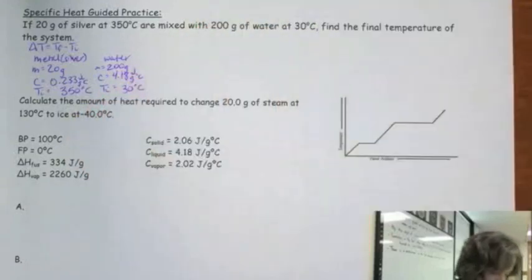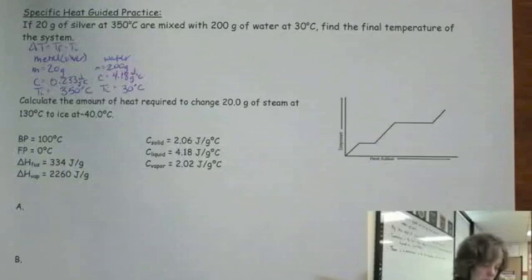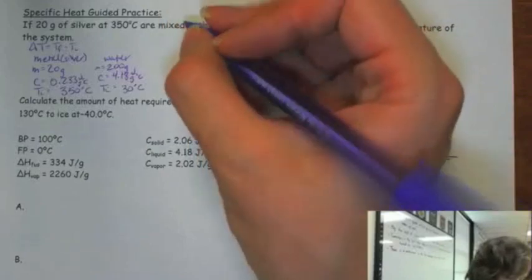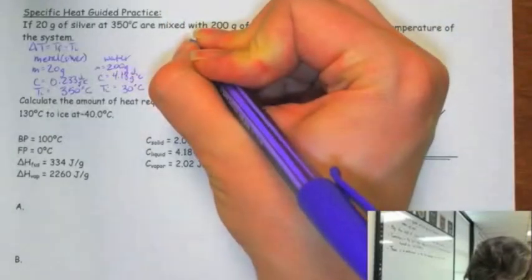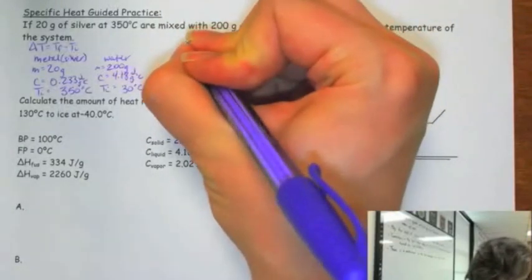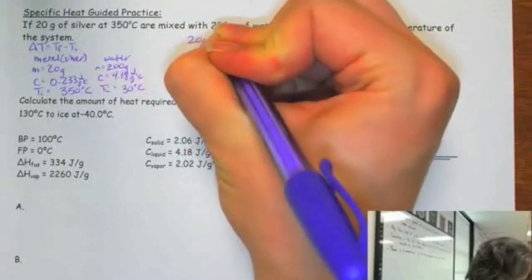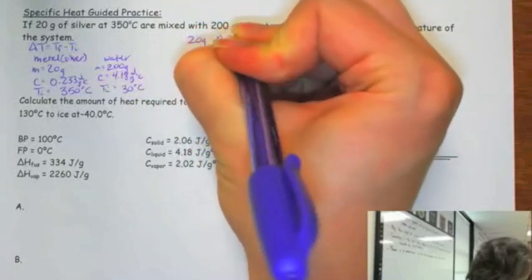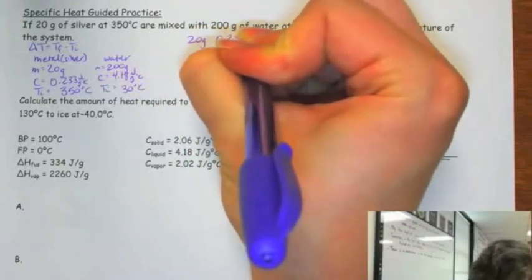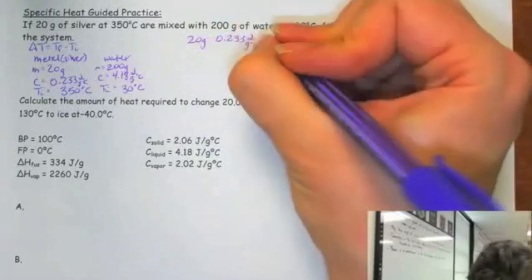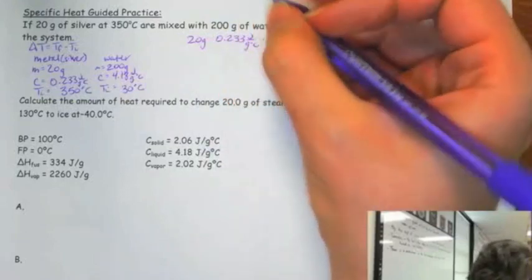All right, so now let's plug in everything we know. And remember that we're looking for TF, but TF will be the same on both sides. So for our metal, we've got our 20 grams times our 0.233 joules per gram degree Celsius, times our change in temperature.